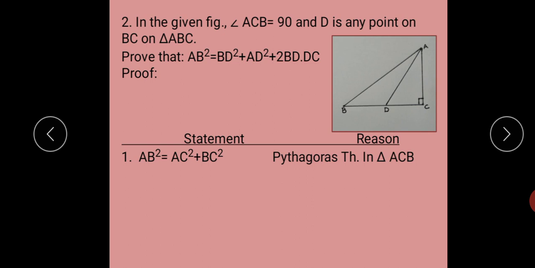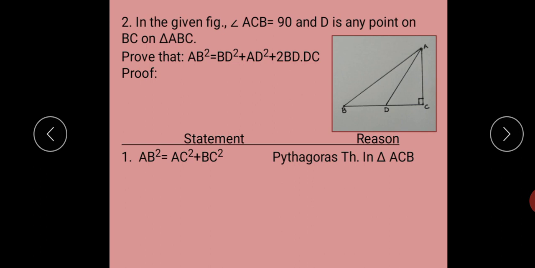Now Pythagoras theorem we write in the form hypotenuse square is equal to base square plus height square. You should also be in a position to write Pythagoras theorem in two other ways, such as base square is equal to hypotenuse square minus height square, or height square is equal to hypotenuse square minus base square.